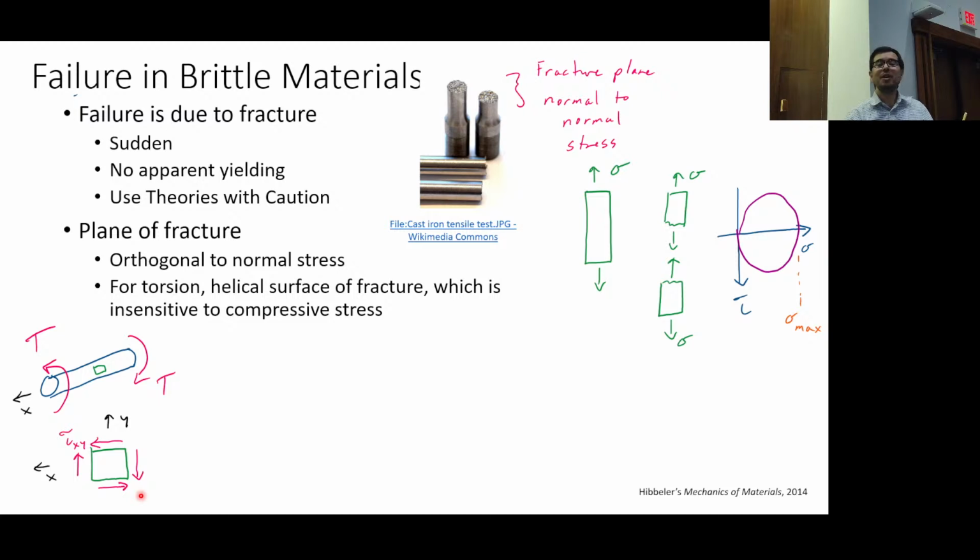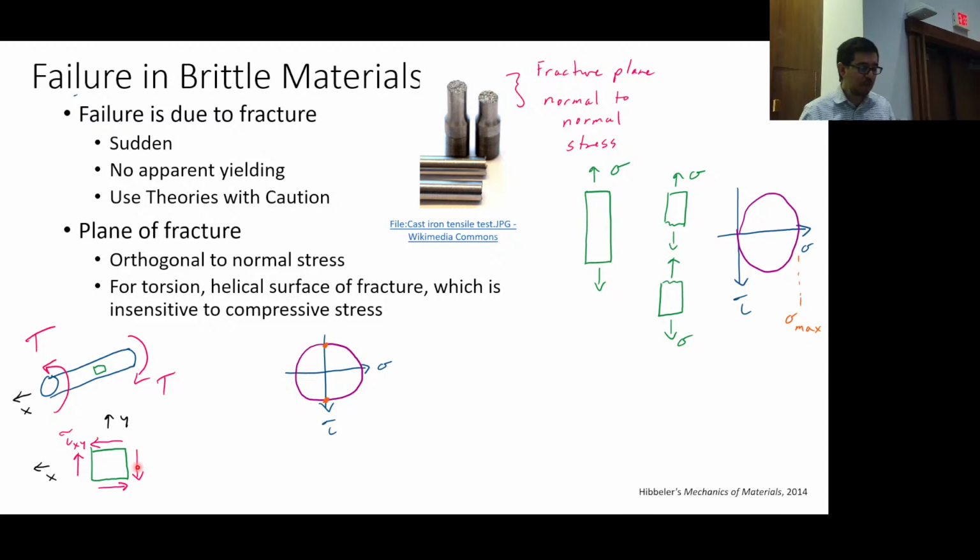Yes, you're doing the symbol, right? So it's torque times the radius c divided by J, the polar moment of area. Okay, so Tc over J. Okay, so we have tau xy, right? We can write it out, Tc over J, but that's what the shear stress is.